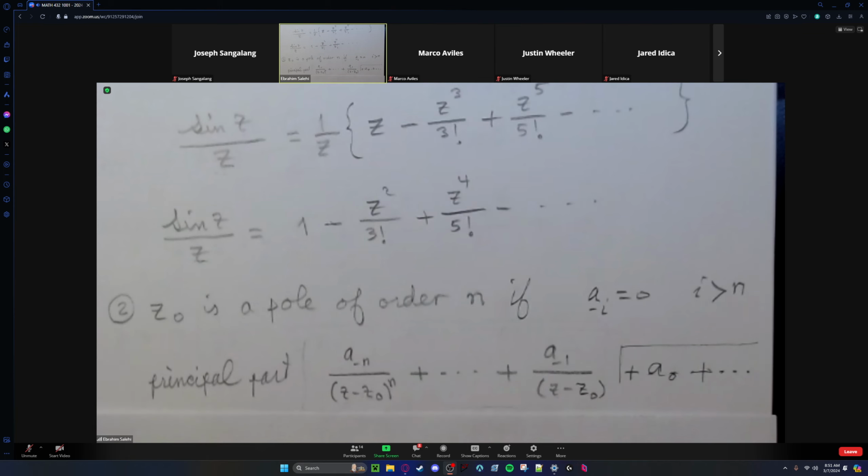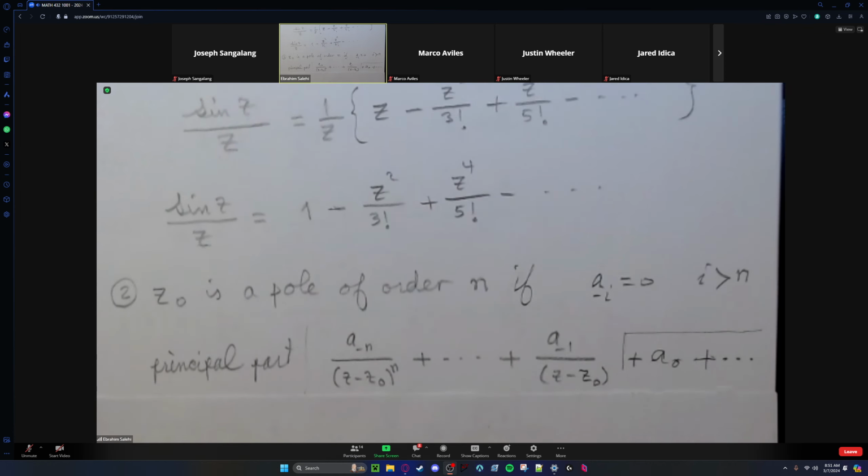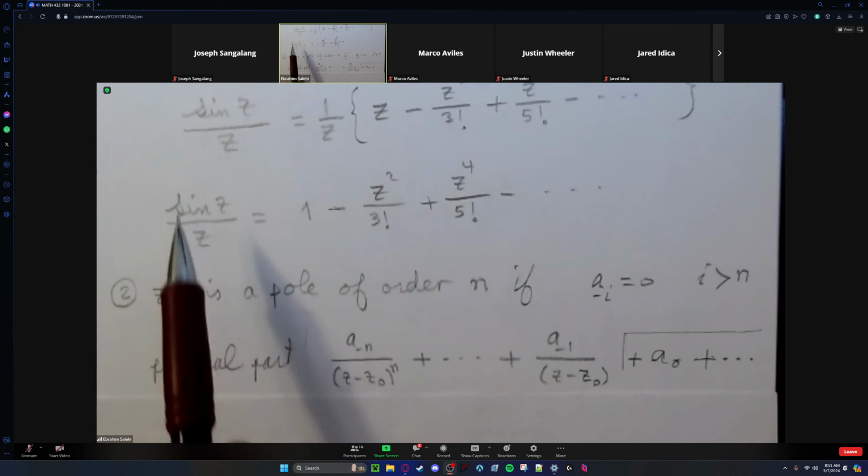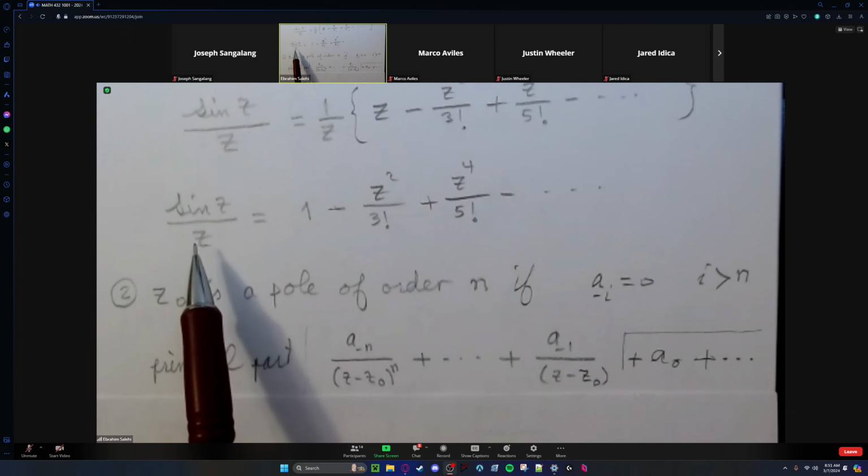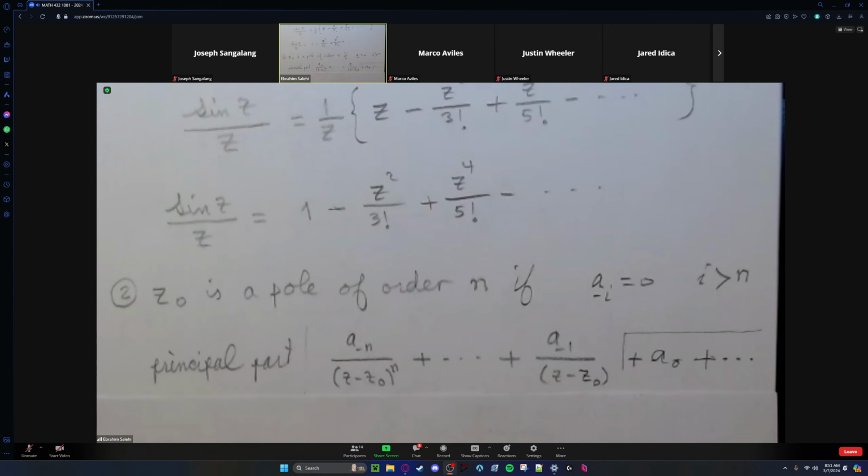Okay. So I was trying to say, in the Laurent expansion, in part 1, when it was removable, you didn't have any negative power of z minus z naught.